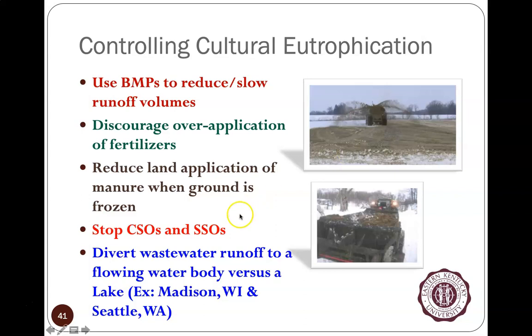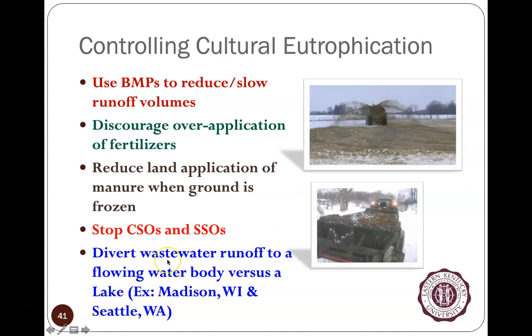We can't have our big cities engaged in this practice of having CSOs and SSOs. So the US EPA is trying to reduce those. You should be familiar with or remember those acronyms: combined sewer overflows and sanitary sewer overflows. And then lastly, we don't want our wastewater runoff going into lakes.